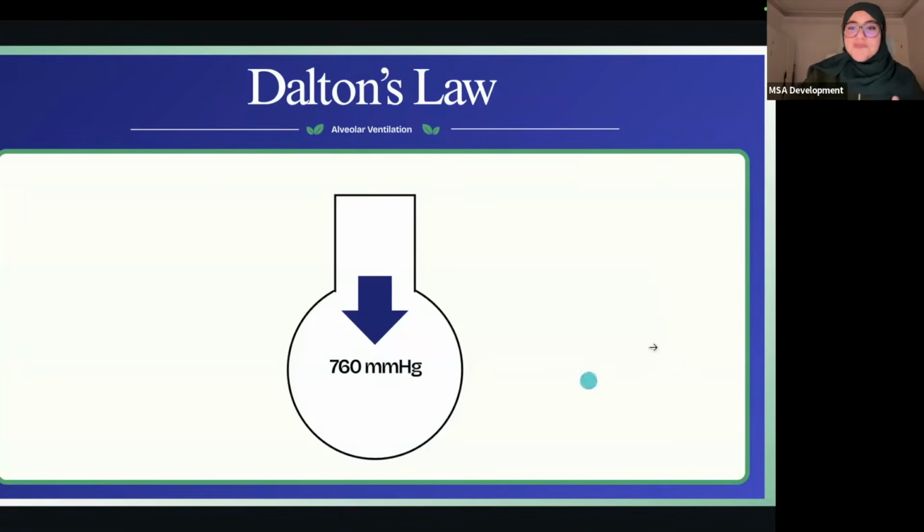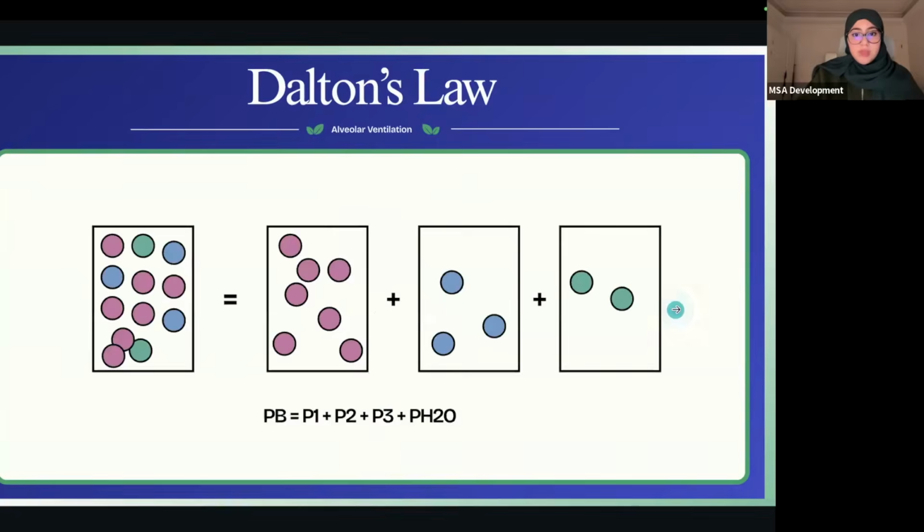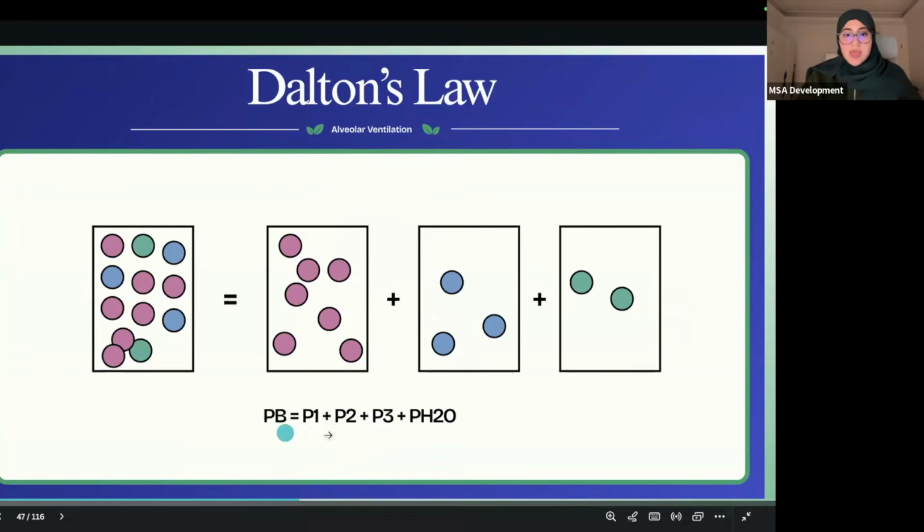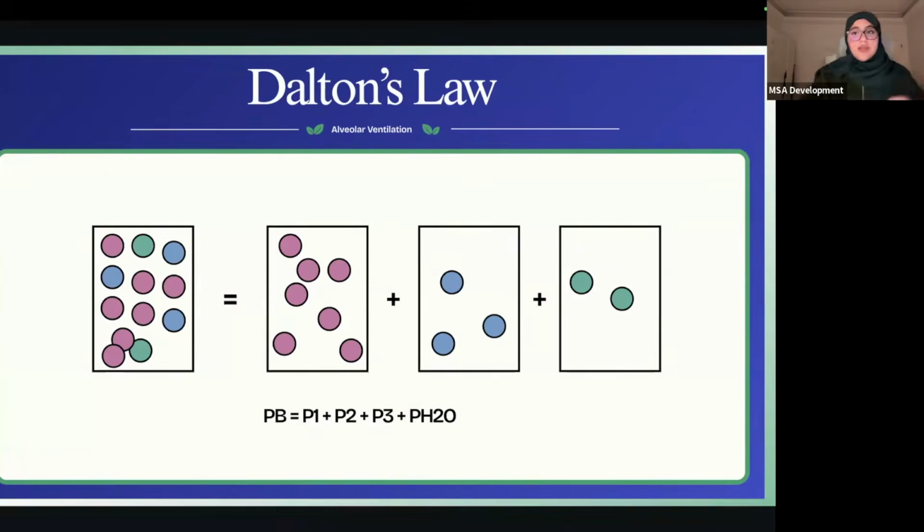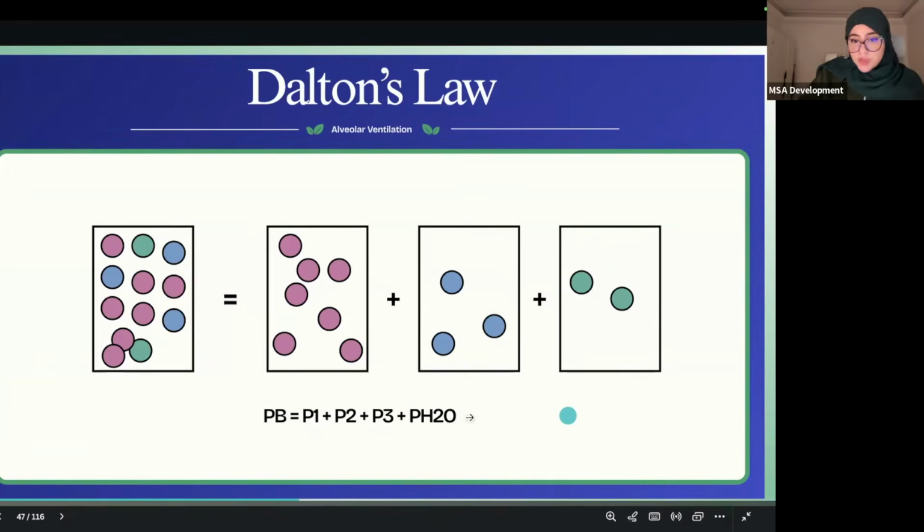That's very important to remember because at sea level, it's always going to remain the same, right? And so Dalton's law also explains that atmospheric pressure, which is PB, equals all the pressures combined: oxygen, nitrogen, carbon dioxide, and water vapor, right? So all of this together is just called atmospheric pressure.